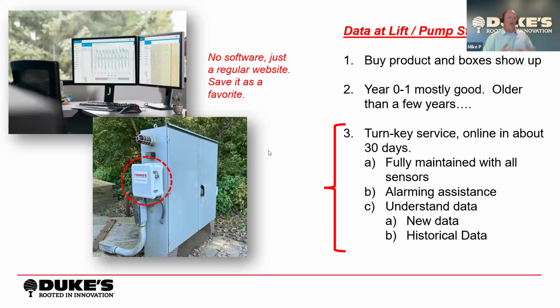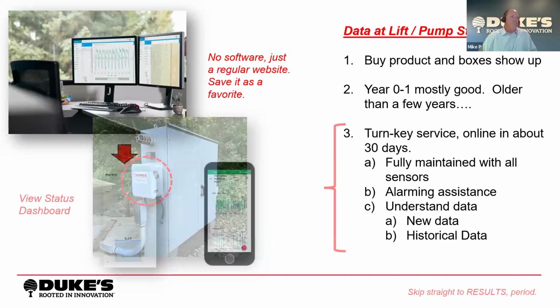It's maintained with all sensors, all of the alarming programming, which we'll look at, and we help with the data and so forth. And then on the client side, there's no software. It's all web based, like any other kind of web based programming, with just general access. If the computer can access google.com, then it can access the data.